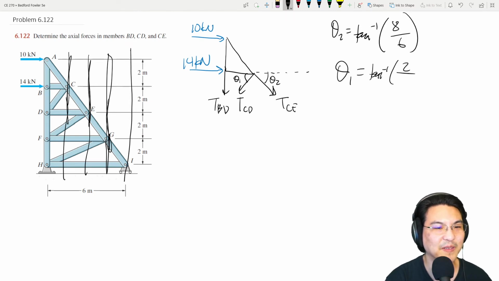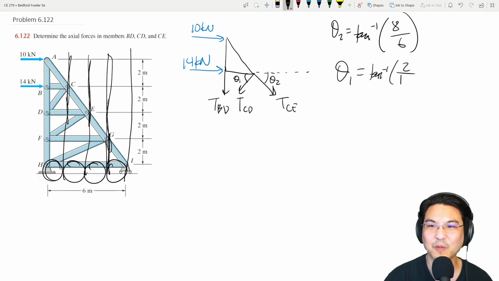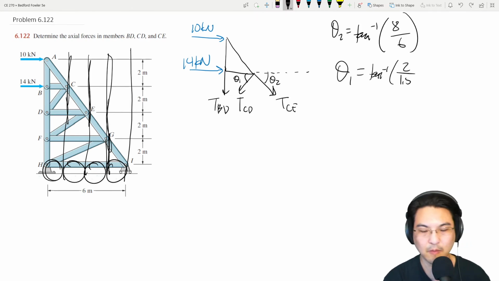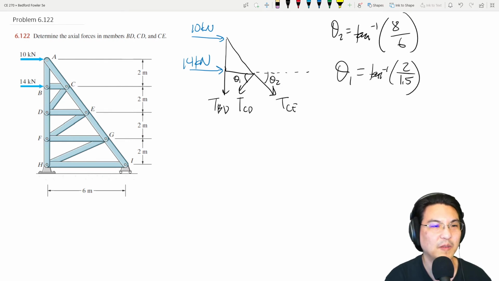Kind of messy, but right? So each of these has got to be 1/4 of 6 meters. So 1.5, right? In other words, here to here is 1.5, here to here is 1.5, here to here is 1.5. Okay, so there we go. We got the geometry.